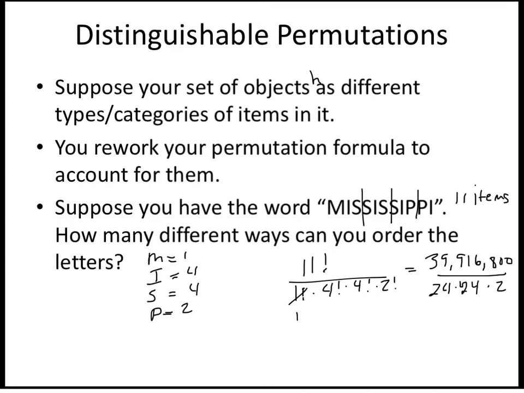That's 1,152. So we've got 34,650 different ways that we can order the letters in Mississippi. We've got 11 items, and we have them in 4 different categories.